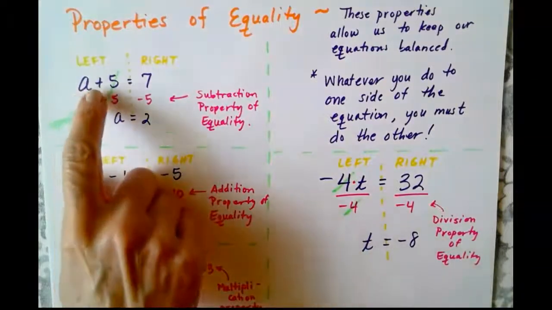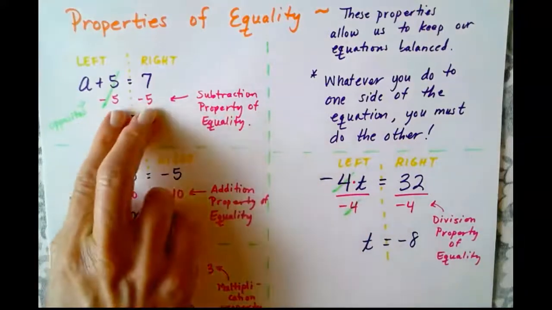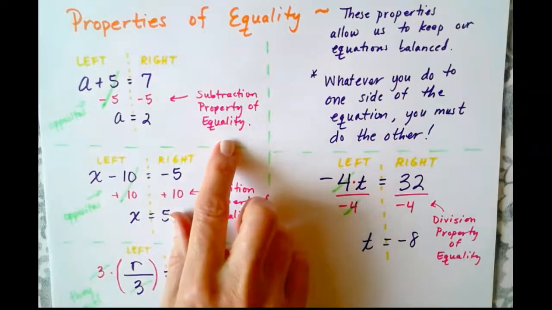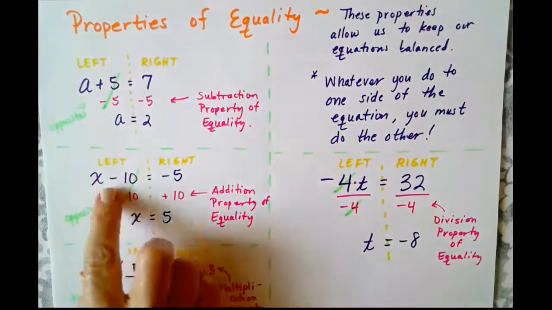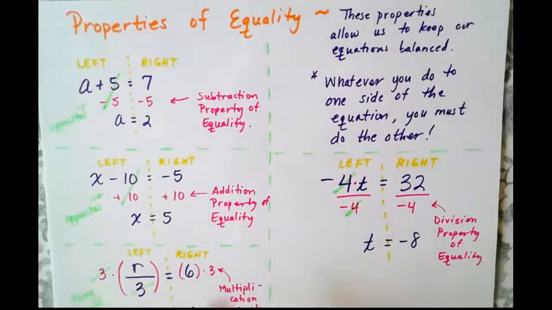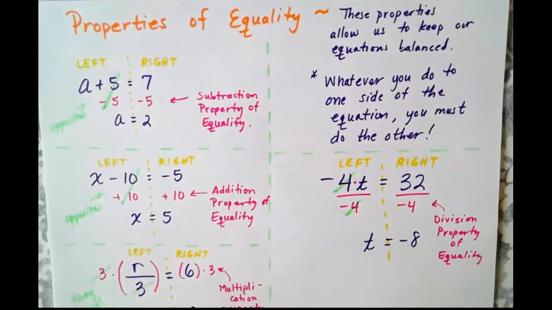If we have a plus 5 equals 7, we can subtract 5 from both sides and get a equals 2. That's the subtraction property of equality. If we have x minus 10 equals negative 5, we can add 10 to both sides. That's the addition property of equality.